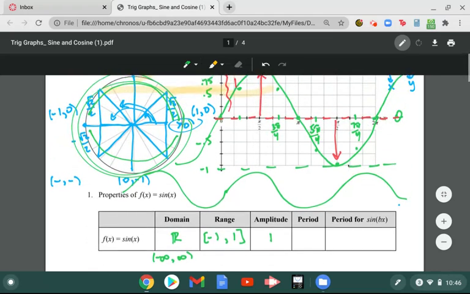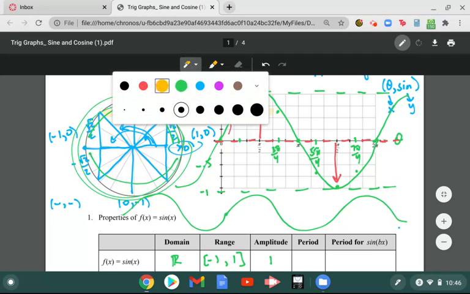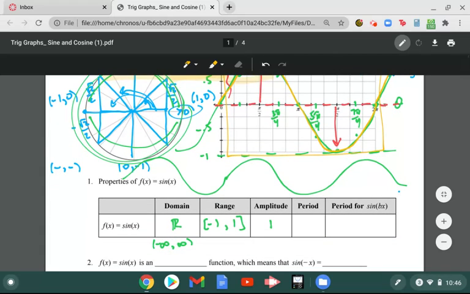And then my period, that's how long it takes to do a repeat. I'm going to trace out a unique shape until I hit 2 pi, and then I'm going to trace out that unique shape again. So I've got a unique shape just within the x values, or the angle values, between 0 and 2 pi.